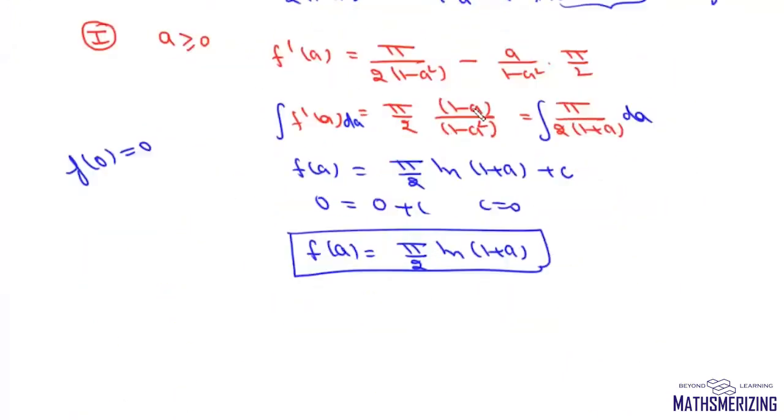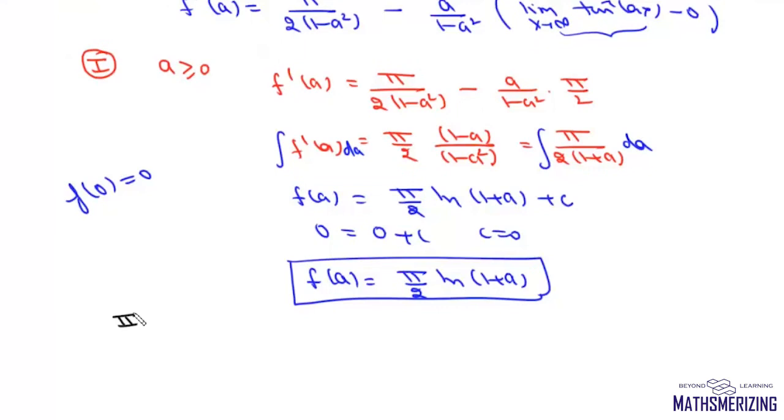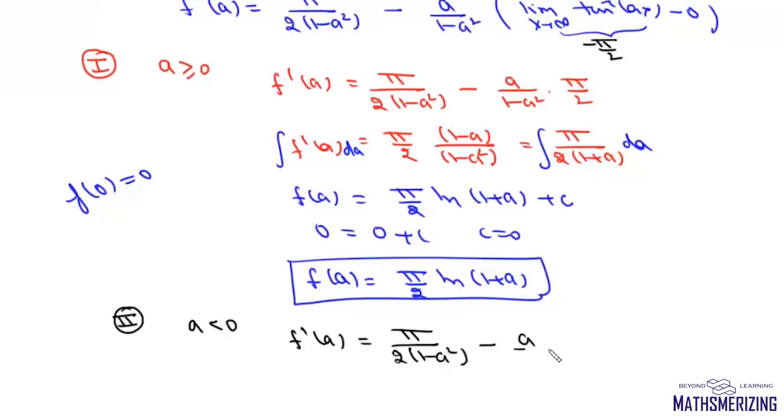Now we'll come to the second part, when a is less than 0. Now if a is less than 0, in this case it will be tan inverse minus infinite, which is minus pi by 2. So we can write f dash a as pi by 2 upon 1 minus a square, and then minus a upon 1 minus a square into minus pi by 2.